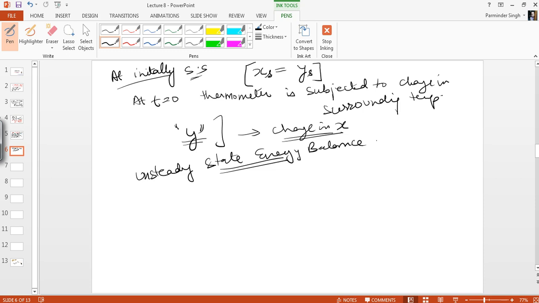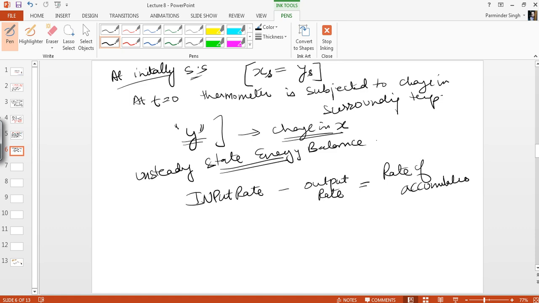Heat will be transferred towards the mercury. Clear? So we're going to apply the energy balance. Now the energy balance is input rate minus output rate equal to rate of accumulation. We are assuming that there is no heat generated on its own. So whatever transfer is occurring is purely because of the surrounding temperature.